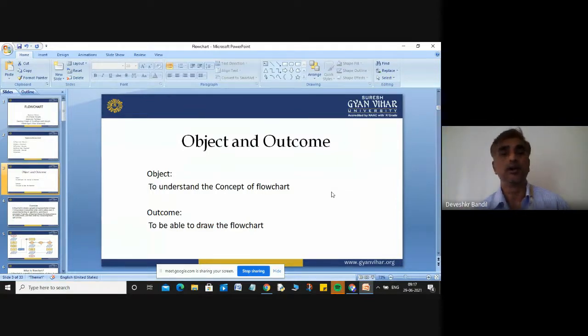And if student will not draw the flowchart and will not write the algorithm, and without algorithm and flowchart, student will make the program, at that time student doesn't know what is the flow of your data, what are the instructions which a student will follow to make the program. That's why your flowchart and algorithm is compulsory.